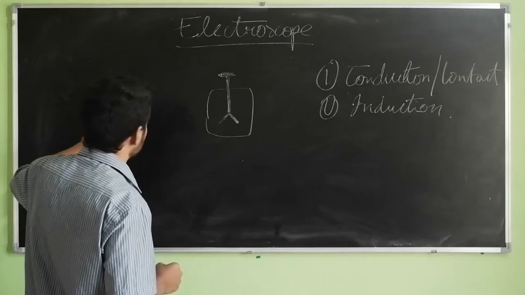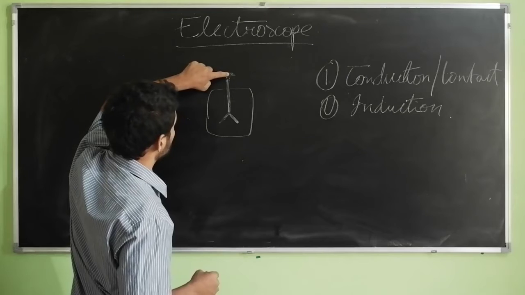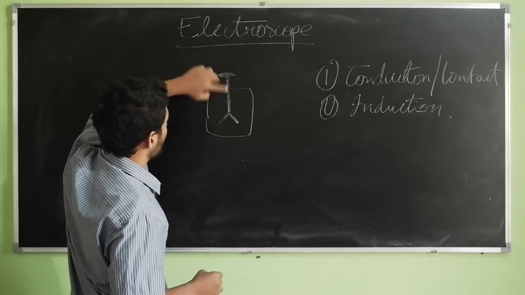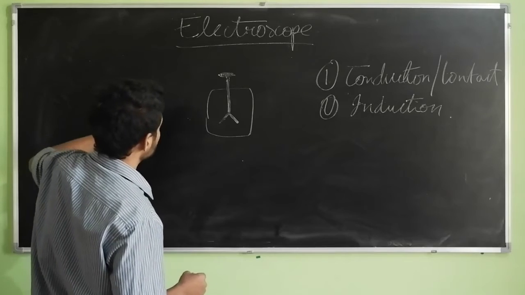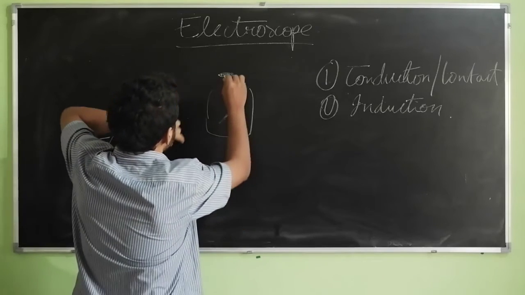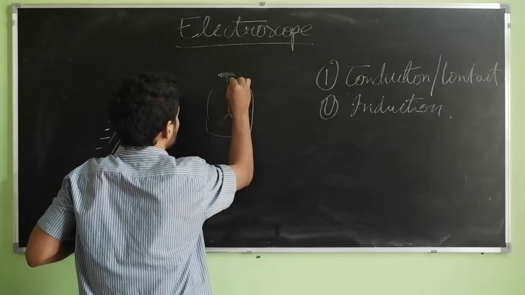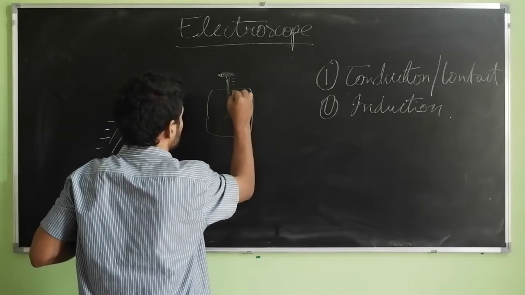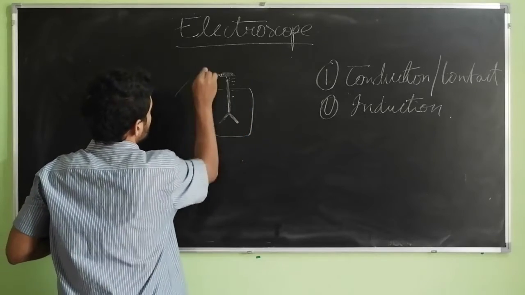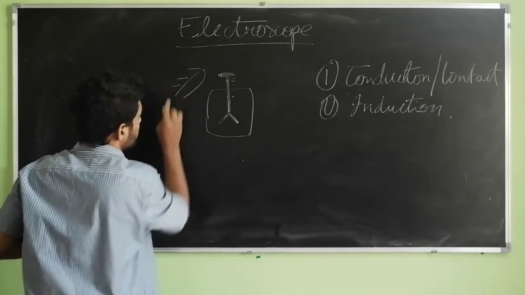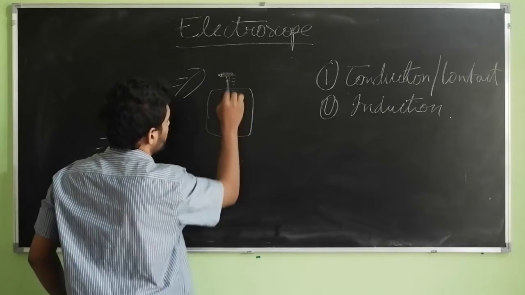When I touch this negative charge to the metal plate above, the negative charge will be transferred to the whole metal plate.